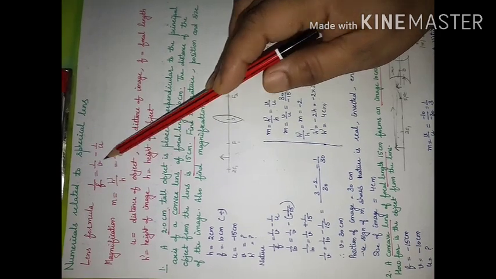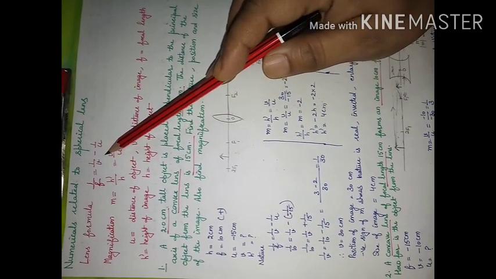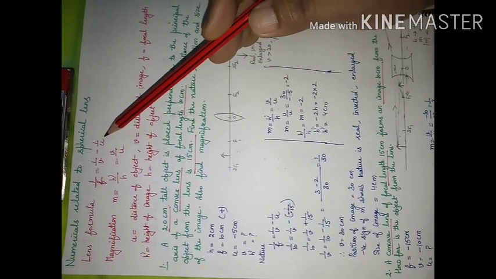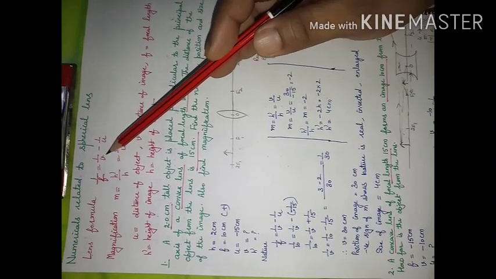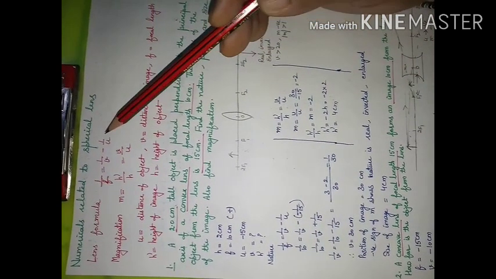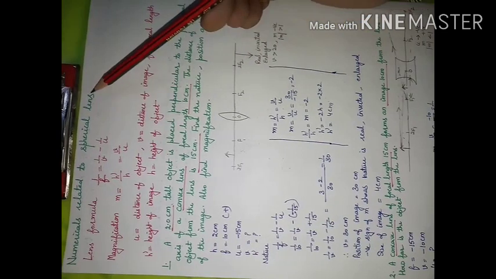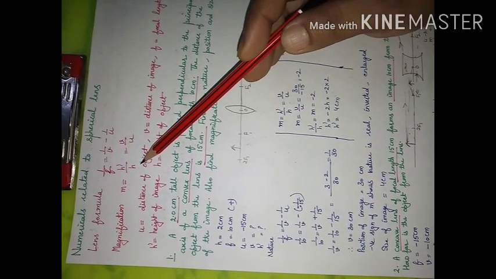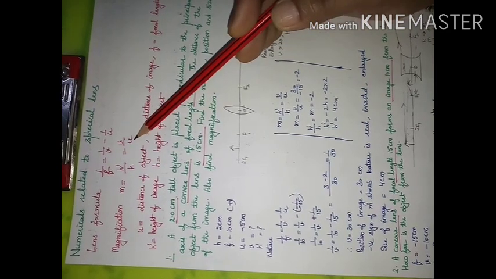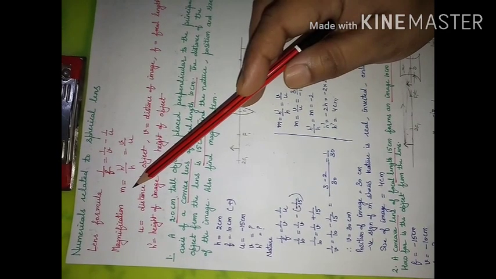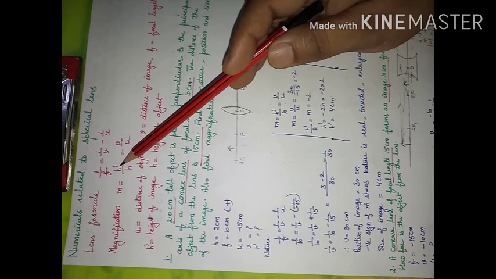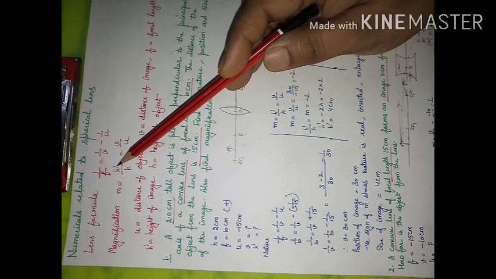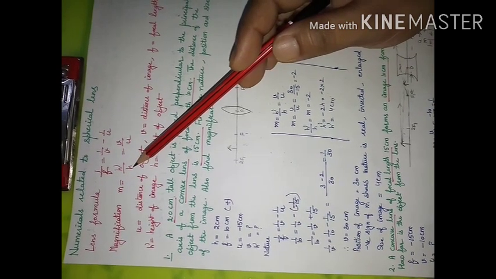where u, v, f all are going to be sign sensitive. We must take care of the sign associated with u, v and f. Magnification formula for spherical lens is given by m is equal to h dash upon h is equal to v upon u. M is representing magnification, h dash is representing size of image, h is representing size of object.